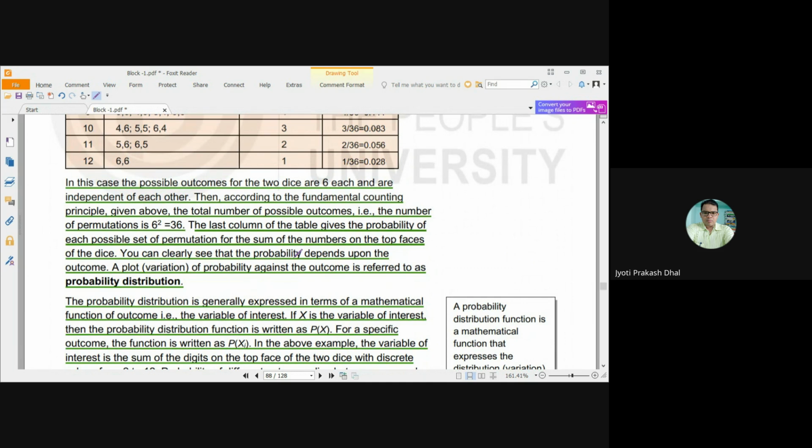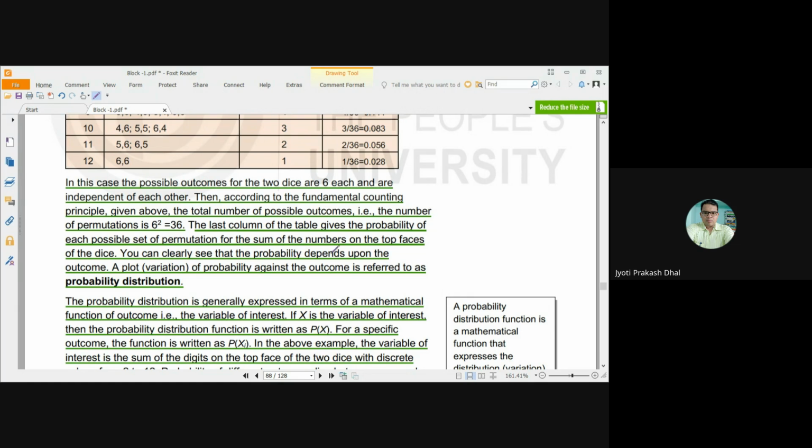In this case, the possible outcomes for each die are 6, and they are independent of one another. Then, according to the fundamental counting principle that we have already discussed, the total number of possible outcomes, that is the number of permutations, will be 6 to the power 2, or 6 squared.